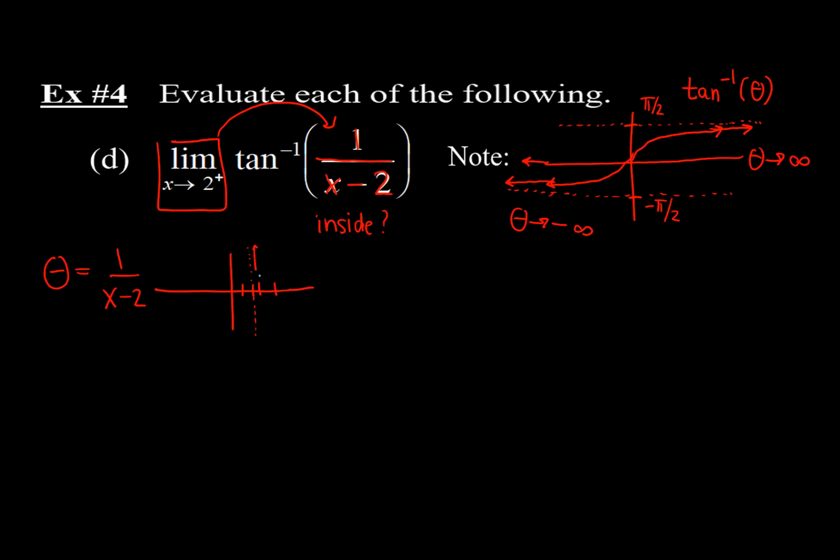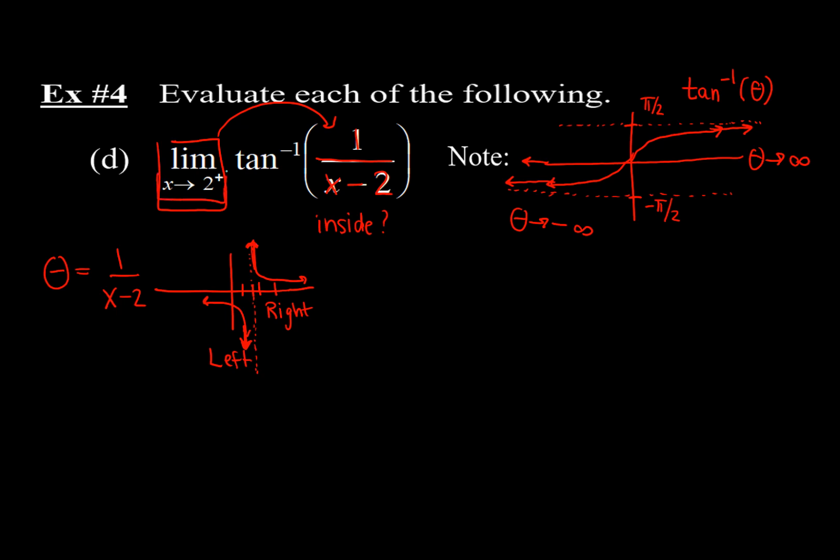And with the vertical asymptote at 2, we can see that on the left side of the vertical asymptote, the function is approaching negative infinity. And on the right side of the vertical asymptote, the function is approaching positive infinity.